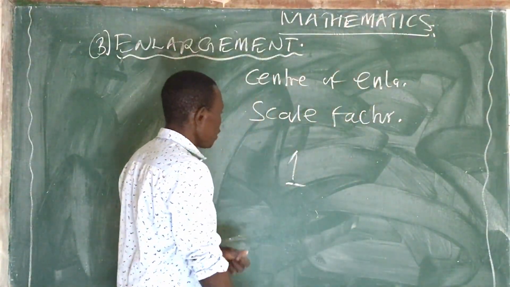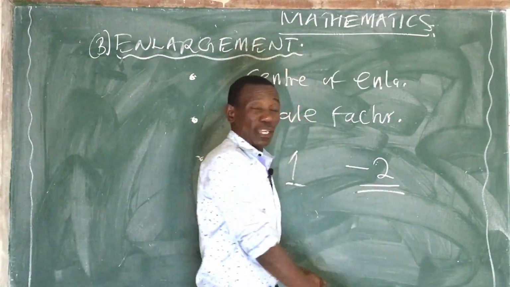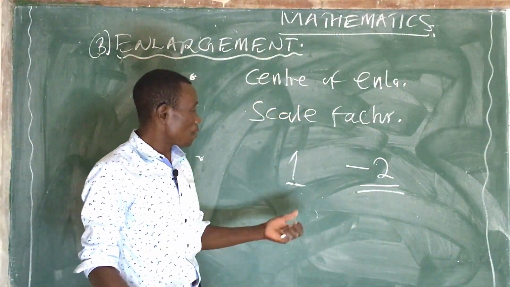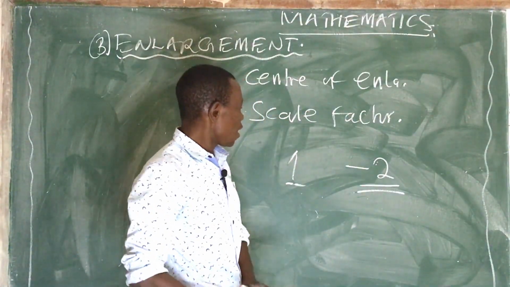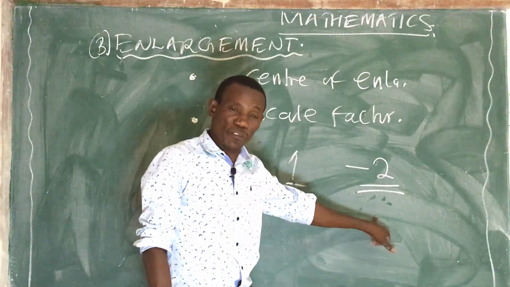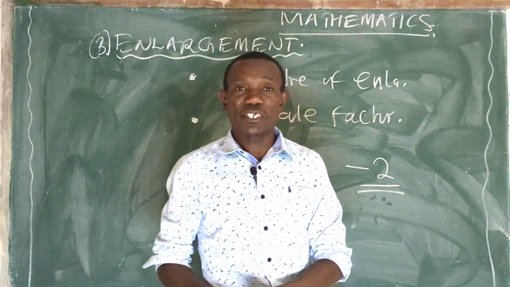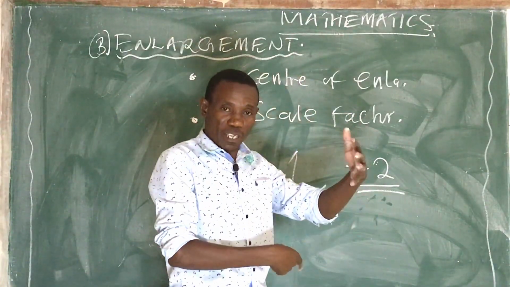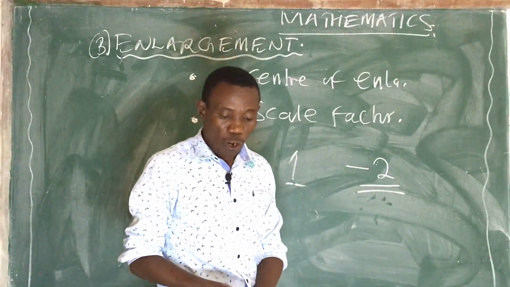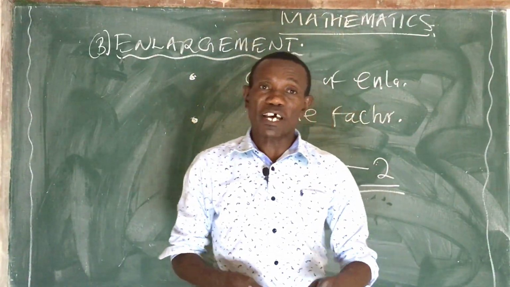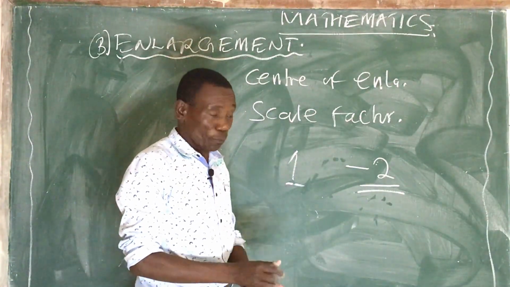On the other side, if the scale factor is a negative number, like -2, -3, or -0.5, our expectation is that once you enlarge a particular figure, the resultant image must be upside down, and the center of enlargement must be in between the two figures, the image and the object.